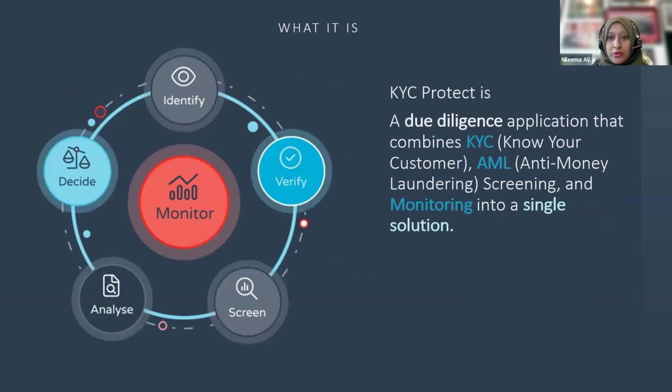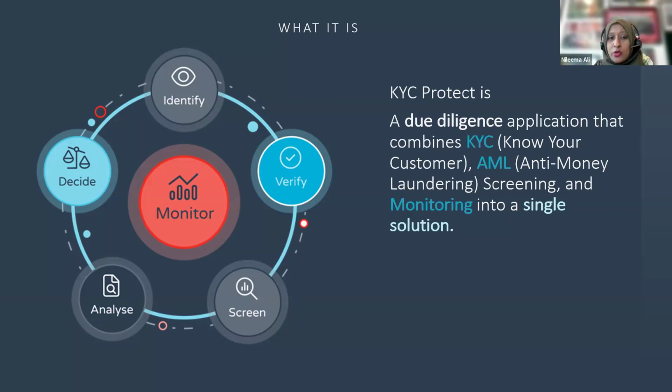So without further ado, what is KYC Protect? Well, KYC Protect is a due diligence application which combines what we call KYC, know your customer data, with AML, or anti-money laundering screening data and monitoring into a single solution. And this is really quite aptly and succinctly identified in the infographic that you can see here.